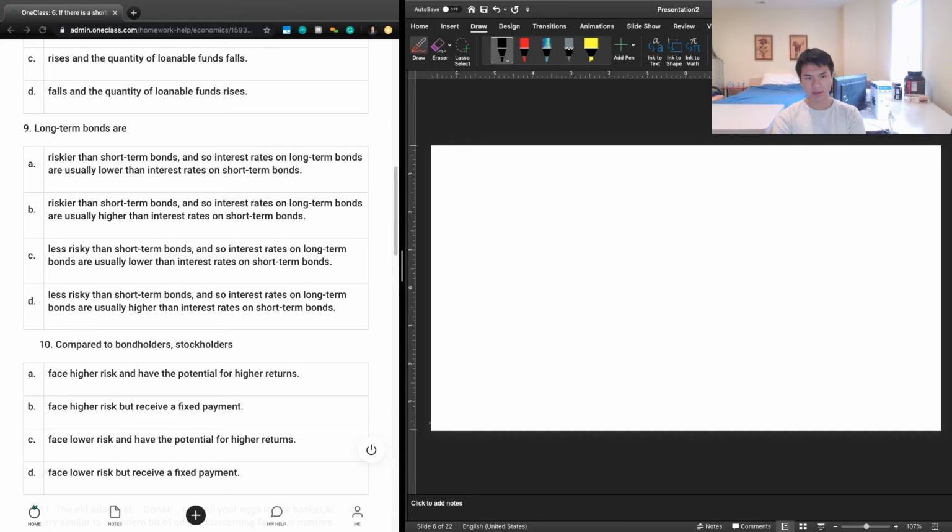One thing that you're going to find, if we're talking specifically about risk, is that anything that is long-term is going to be a little bit more risky than short-term. The reason for that is because you are asking bondholders to loan out money for longer periods of time than you would with short-term bonds.